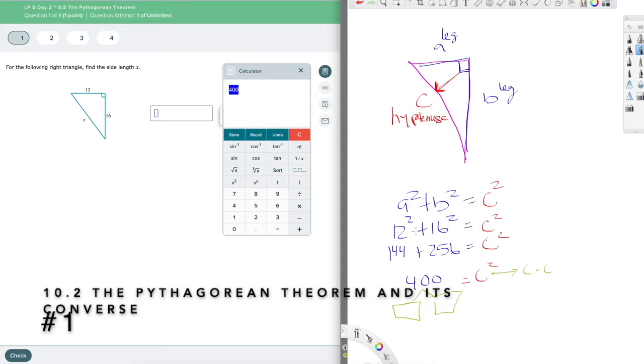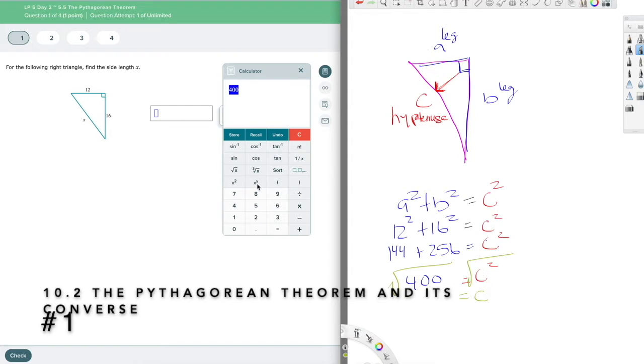I want to break it apart into the same two pieces. So we can use a very nice little symbol called the square root symbol. And so the square root of C squared would just be C, because C times C gives me C squared. So I'm basically saying what number multiplied by itself gives me this number. So C times itself gives me C squared.